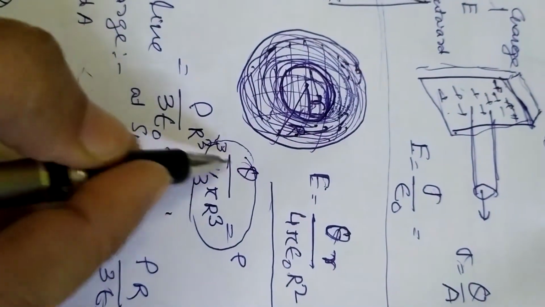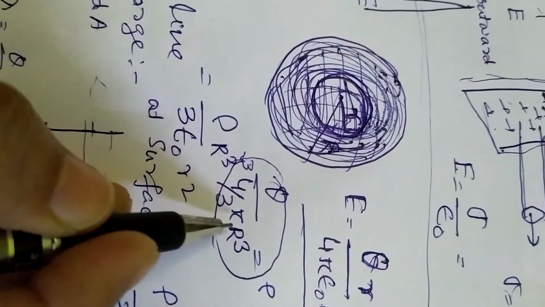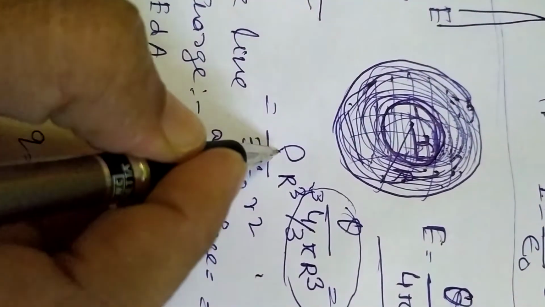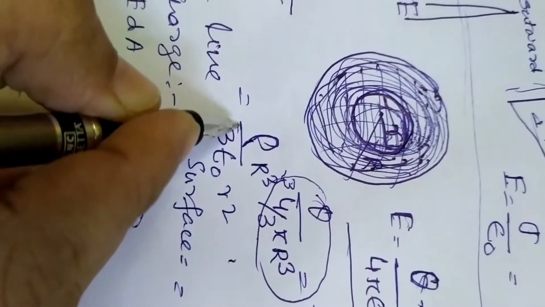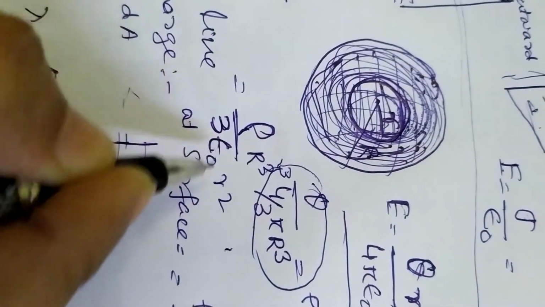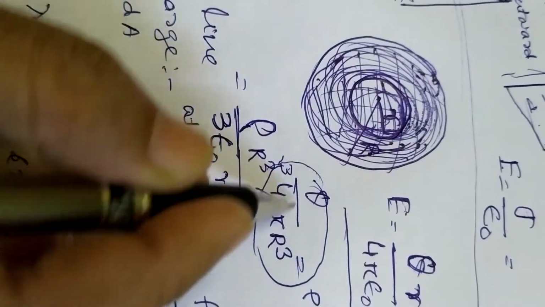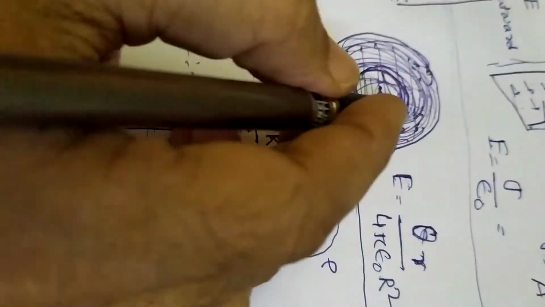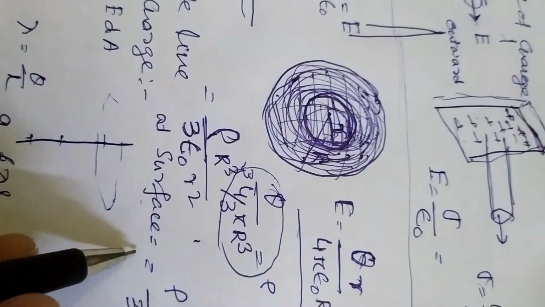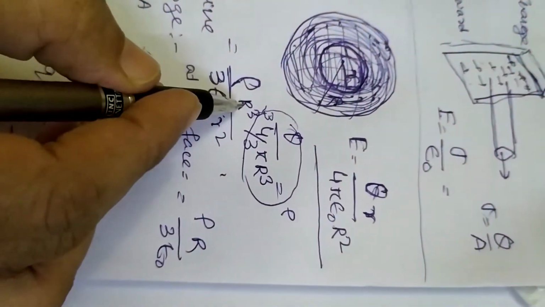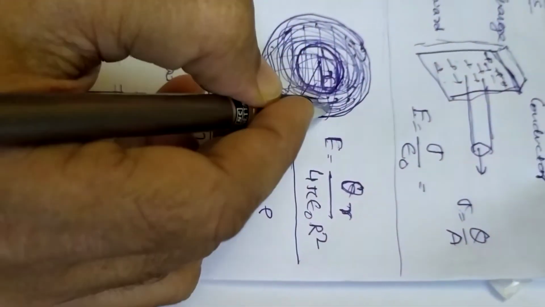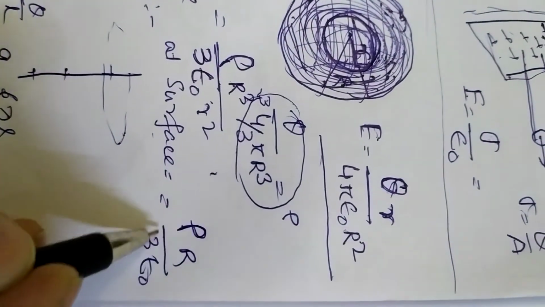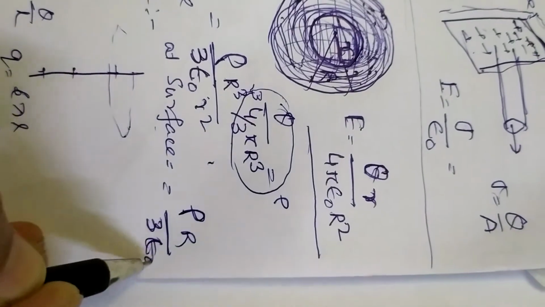So we will be getting Q by 4/3 pi R cube, and ultimately we will get a formula: rho into r divided by 3 epsilon. This small r is the internal radius and this capital R is the external radius. At the surface of this sphere, you yourself calculate, this small r will be equal to R at the surface. So we'll be getting rho into R divided by 3 epsilon 0.